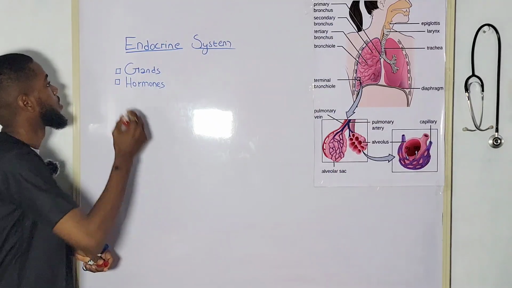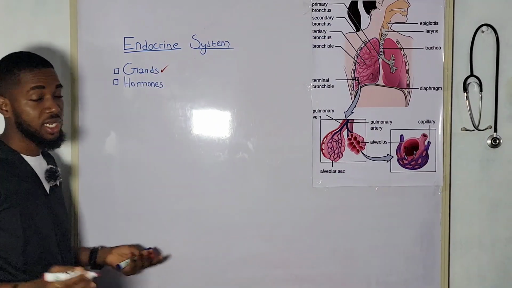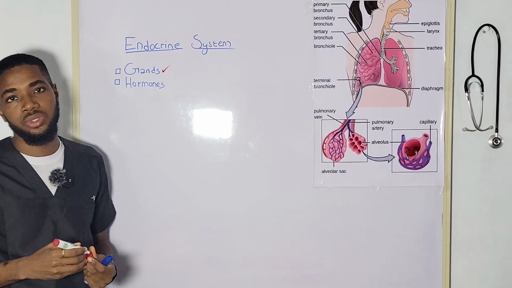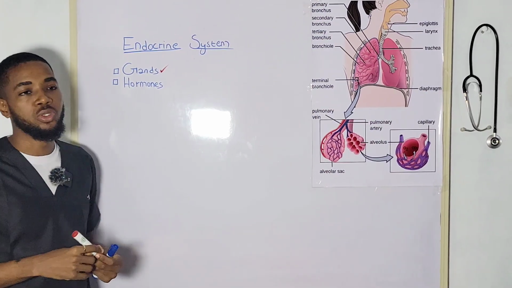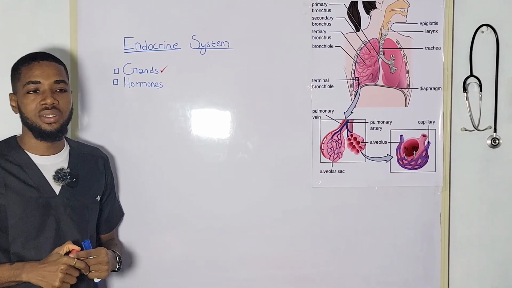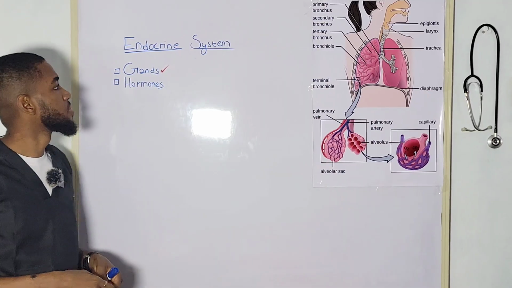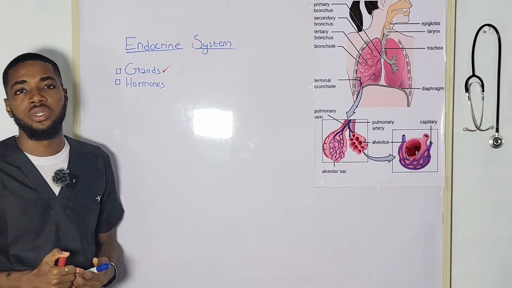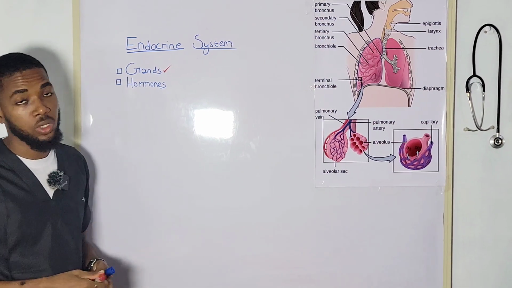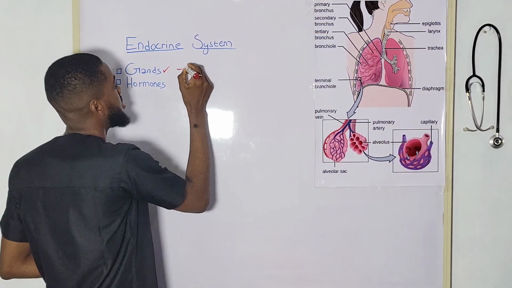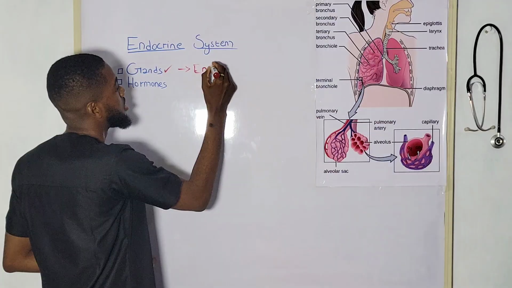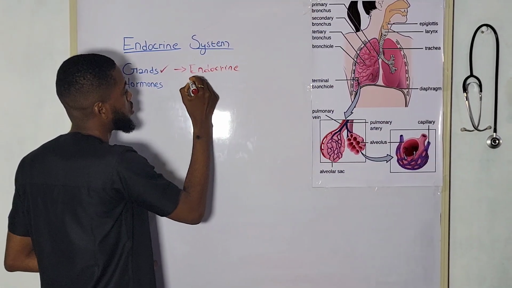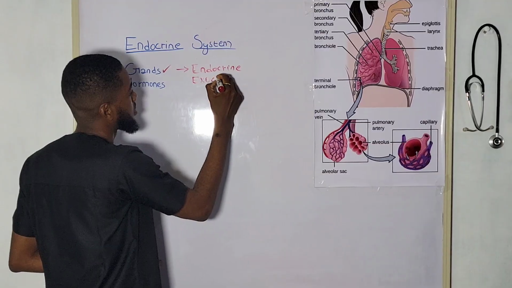Now, when we are talking about glands, we are aware that glands are a group of cells or tissues. They have different functions, and they are divided into two subgroups: the endocrine glands and the exocrine glands, all right?